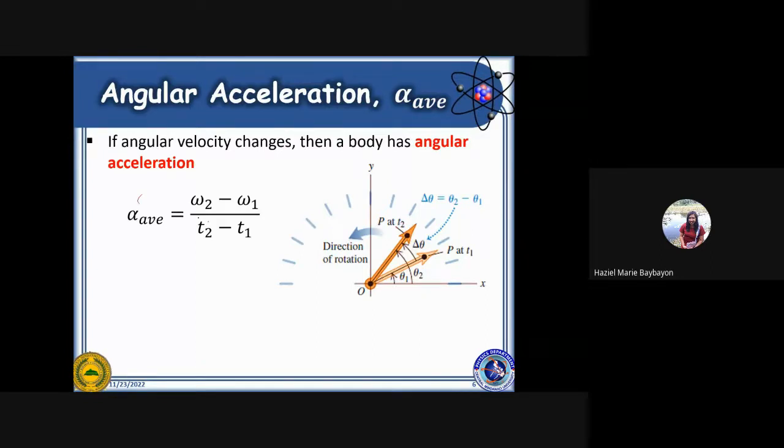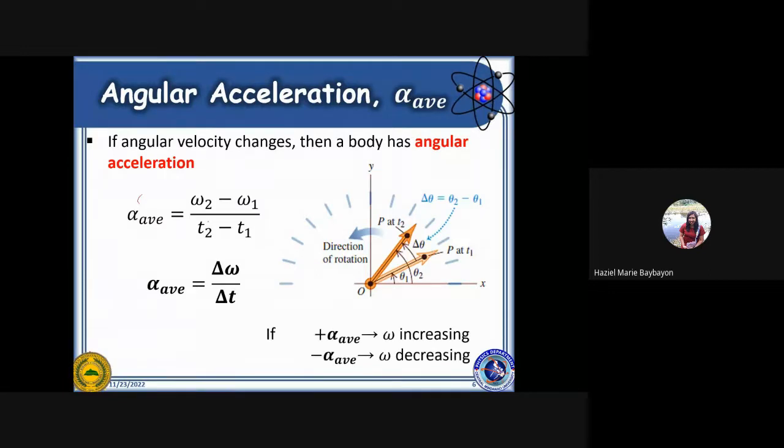So you have this one, omega 2 minus omega 1 divided by T2 minus T1. Or it is equal to the change in the angular velocity omega divided by the change in time. Now, the same with the angular velocity, ang imo ang acceleration class is positive kung ang imong omega kay ka-increase.